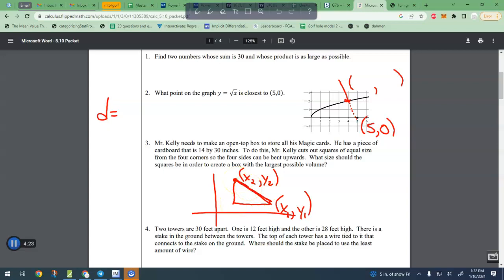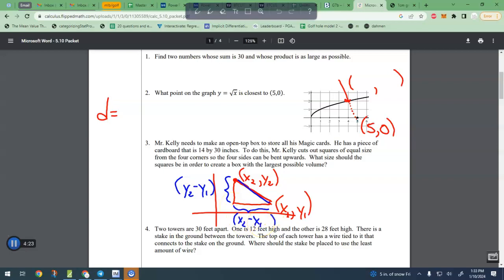The diagonal. What is that distance right there? Isn't it y2 minus y1, the distance between those y values? What is this distance right here? It's going to be x2 minus x1.